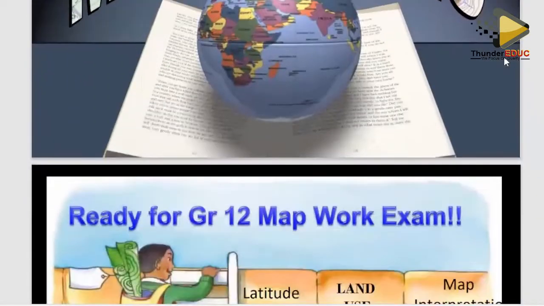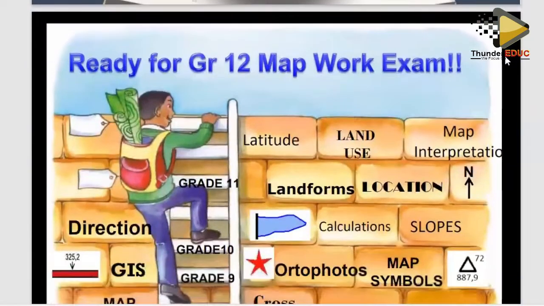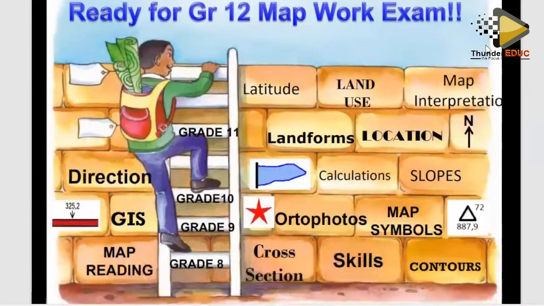So basically, if you can check from this presentation, ready for grade 12 MapWork exam. For you to be able to prepare for the grade 12 exam, there are basics that you must start from as early as grade 8, grade 9. That's when the step starts. You have to climb the ladder from as early as grade 8, grade 9, building up on the skills, and until you get to grade 12, you will have a clear and complete understanding of the basic map skills.